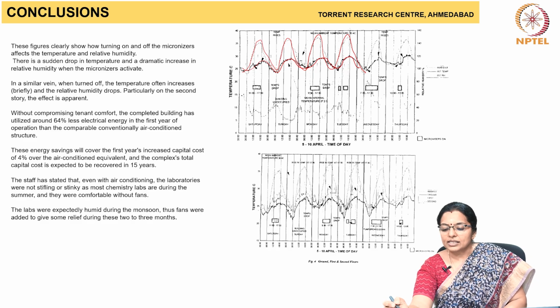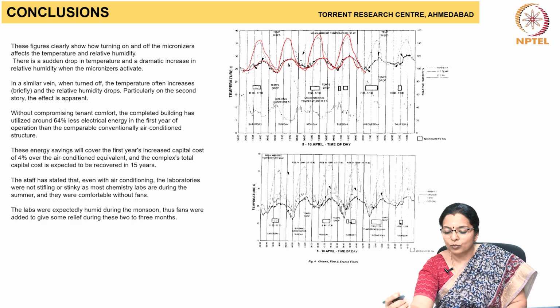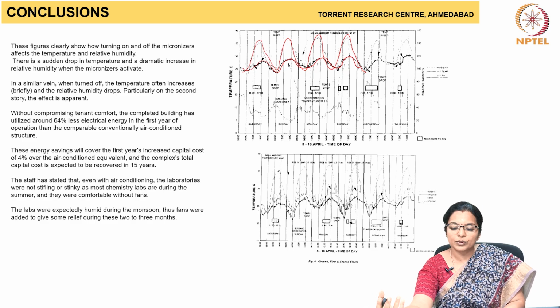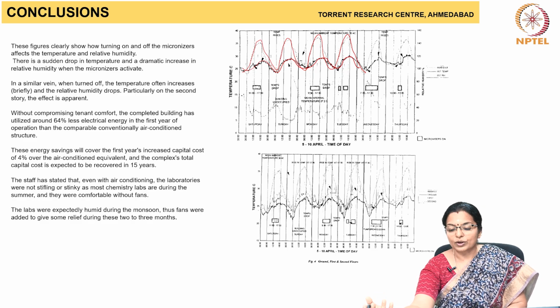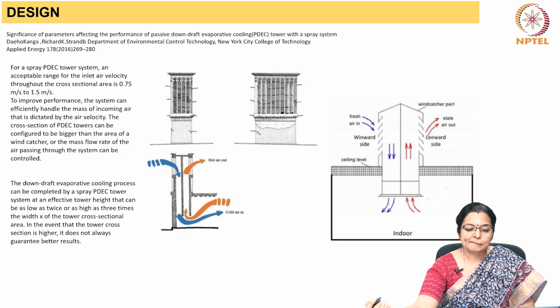The study has several conditions. What happens when the micronizers are switched on, what happens when the micronizers are switched off. But effectively you can see that there is a dramatic reduction in the ambient temperature by use of PDEC.